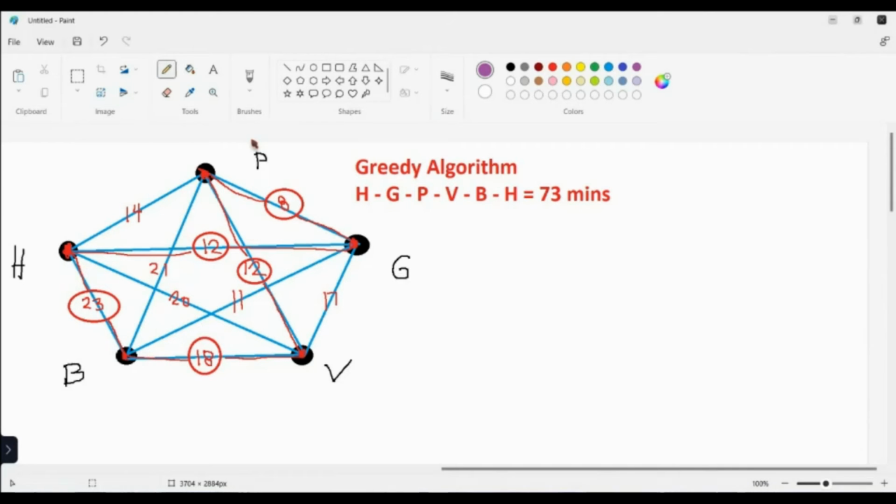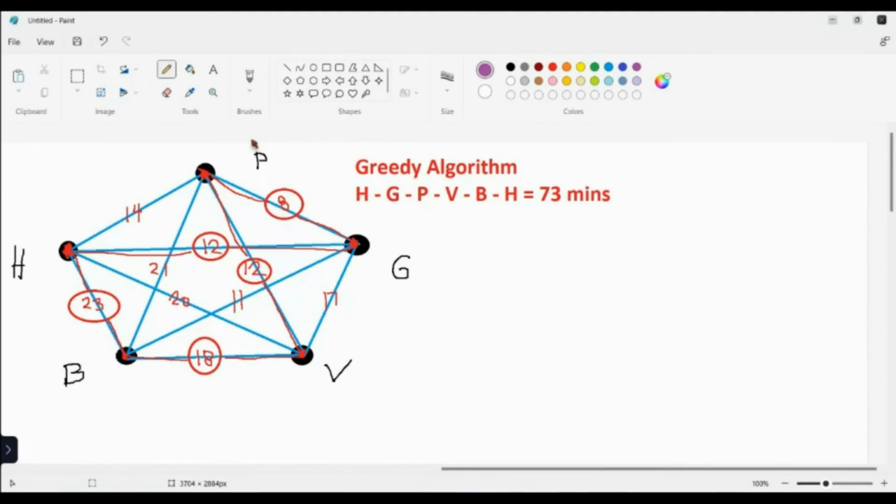We just have to complete the circuit first. And after that, we can already assign our starting vertex. Kapag nakompleto na natin yung circuit, saka pa lang tayo pwede mag-assign ng starting vertex.